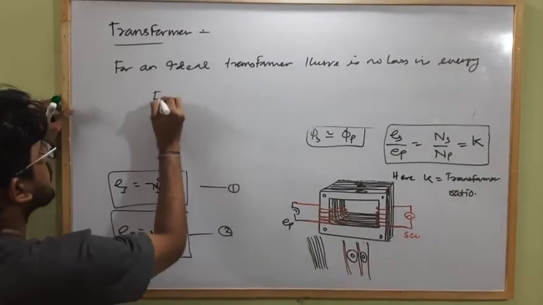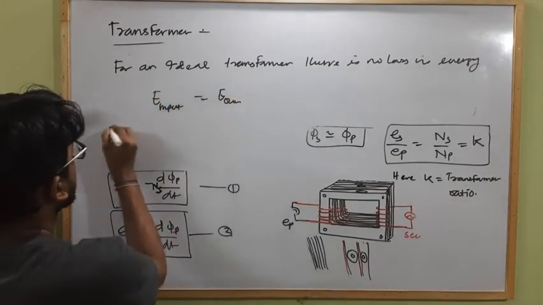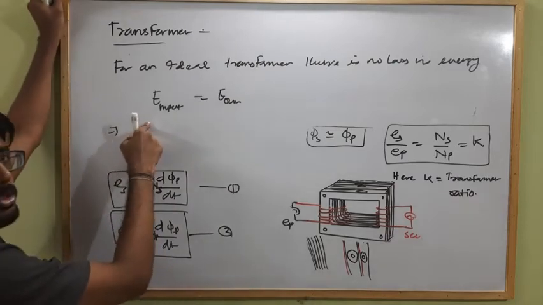So E input equals E output. So the total power input is also equal to total power output.